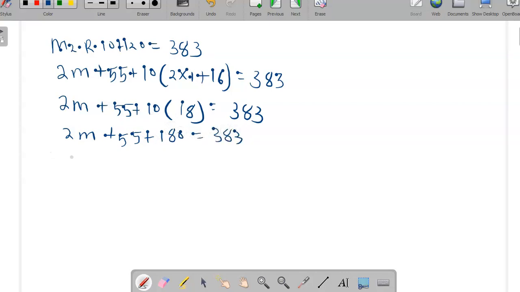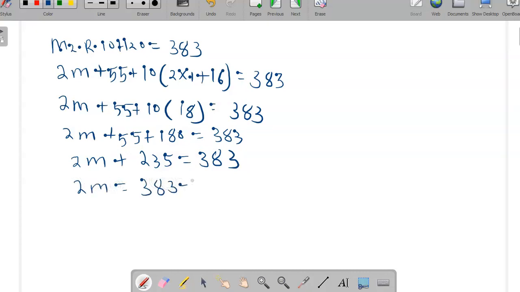Then when you add here, 55 plus 180, we get 235. 235 is equal to 383. Then you transfer and collect like terms. 2M is equal to 383 minus 235.